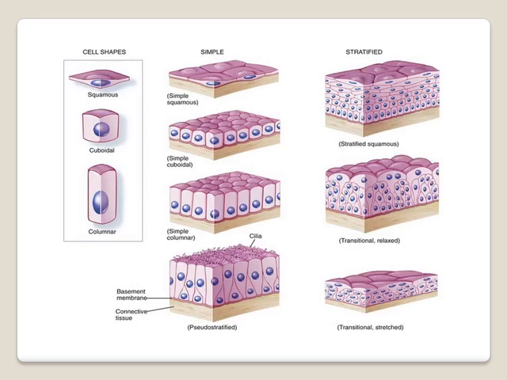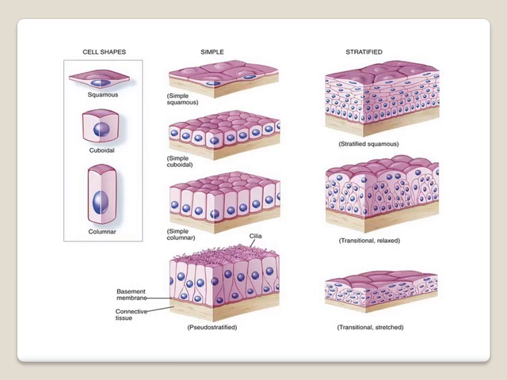And then it's also classified according to how they are arranged. So simple is just a single layer of cells. You can see it here. You just have the one layer of cells, and then the connective tissue below that. Stratified means there is more than one layer of cells. And you can see that here. You can see the top layer looks like the squamous. The bottom layers look like the cuboidal.